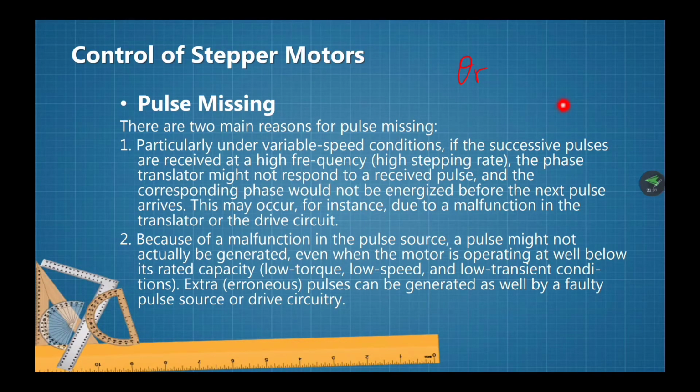Here, the pulse equals in number to the total phases P. Note that in here we have theta r is equal to P multiplied by delta r.